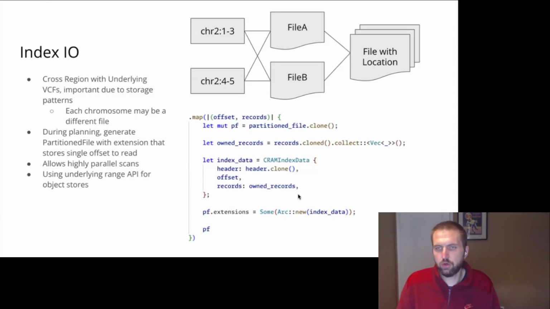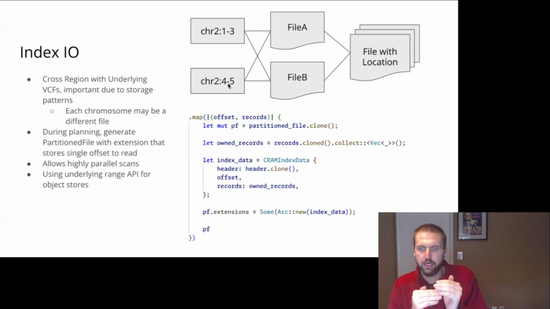So during query planning, when we get a query to a table, which is a set of VCF files that represent one underlying genome, we parse that with the predicates they may want to search, say chromosome 2, position 1 to 3, chromosome 2, position 4 to 5, and generate partition files for each region that we want to subsequently filter.